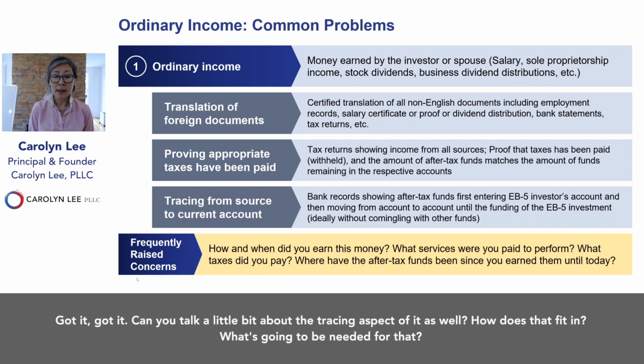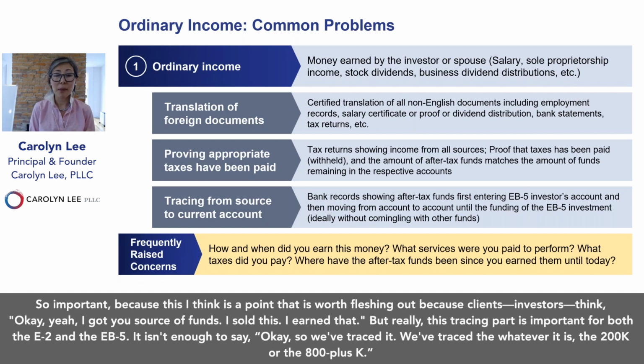Got it. Can you talk a little bit about the tracing aspect of it as well? How does that fit in, and what's going to be needed for that? So important, because I think this is a point worth fleshing out. Clients and investors think, okay, I gotcha, source of funds, I sold this, I earned that.